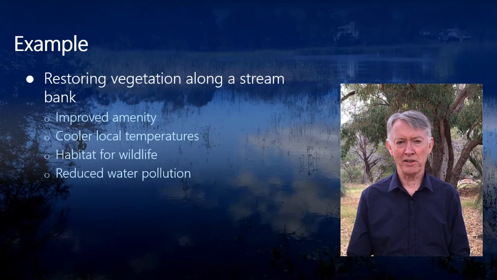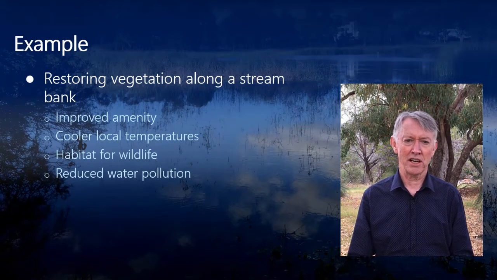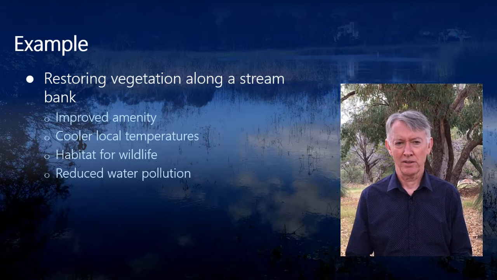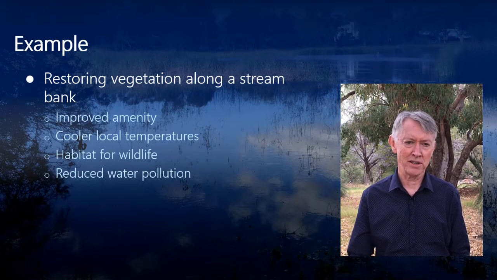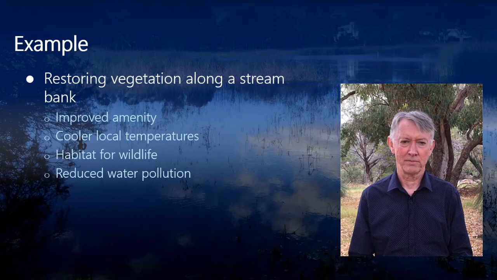An example of a project that might look something like this would be the one I mentioned, restoring vegetation along a stream bank. This might have benefits in terms of improved amenity values for local residents, cooler local temperatures, habitat for wildlife, and reduced water pollution.